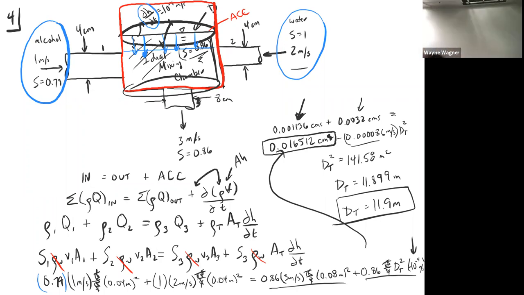I'll go ahead and do the calculations there. 0.79 times 0.04 squared equals that number, plus 0.0032 minus 0.016512. One of the nice things about writing down all these extra sig figs is, if you make an error like that, it's pretty easy to deal with.